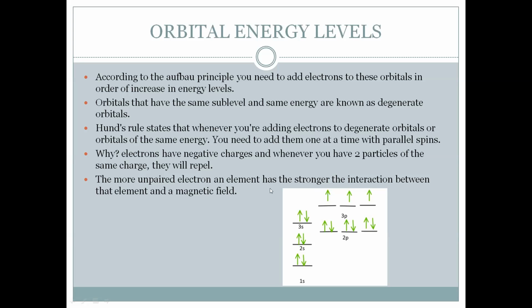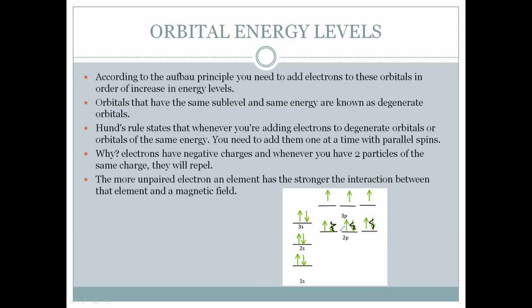So what are parallel spins? Now, imagine na wala pa tayong mga down arrows dito. Okay? Wala pa yung mga yan. So the correct way of placing your electrons is using parallel spins, meaning you need to place one electron per orbital first before you fill it up twice.